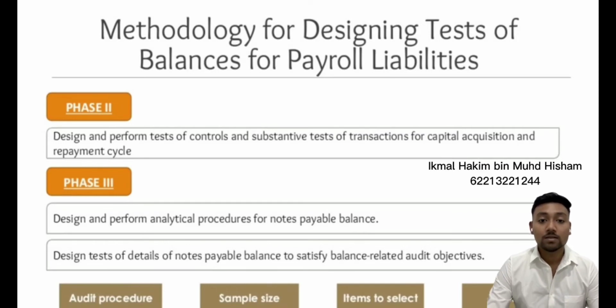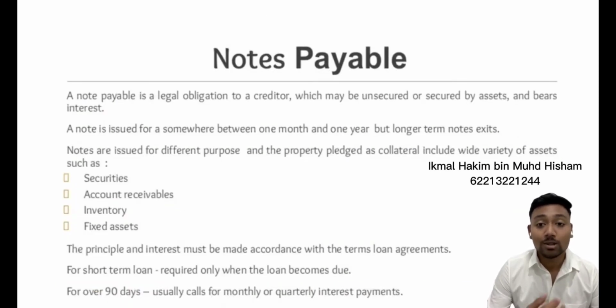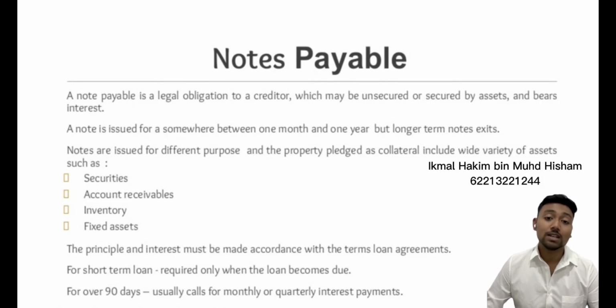Next, I will talk about notes payable. A note payable is a legal obligation to a creditor which may be unsecured or secured by assets and bears interest. Typically, a note is issued for a period somewhere between 1 month and 1 year, but longer-term notes exist.